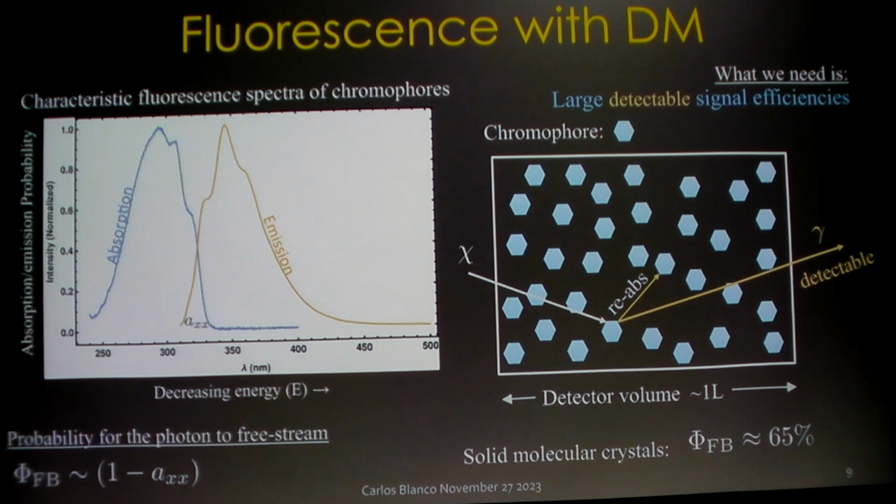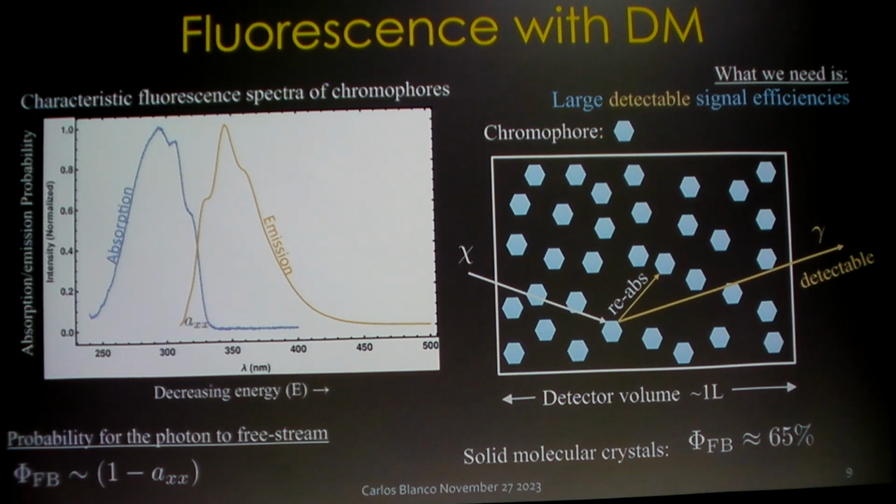The first problem that you think about is, well, if you're really just driving excitations, won't the photon just get absorbed? And here, nature has been really quite kind to us, because it turns out that most molecular chromophores have a Stokes shift between the absorption and the emission characteristic.